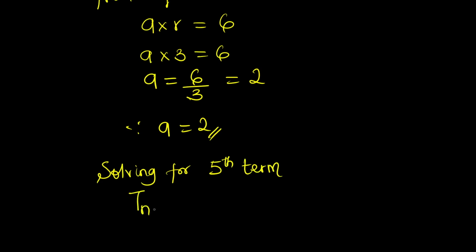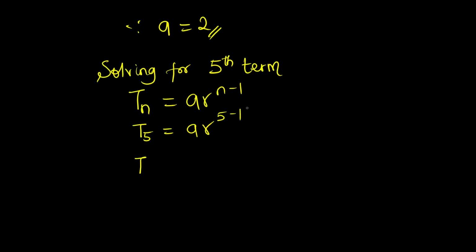How can we find our fifth term? Recall that Tn is equal to ar raised to the power of n minus 1. Here we are going to have that our T5 will be equal to ar raised to the power of 5 minus 1. Our T5 is equal to ar raised to the power of 4. But our first term a is equal to 2 and our common ratio r is equal to 3.